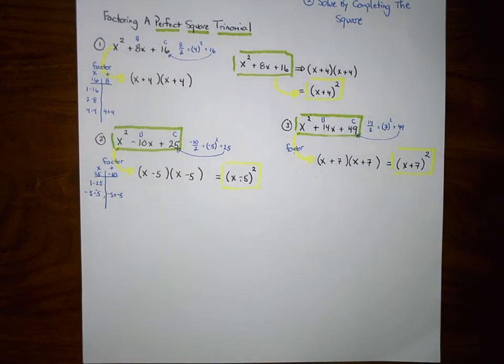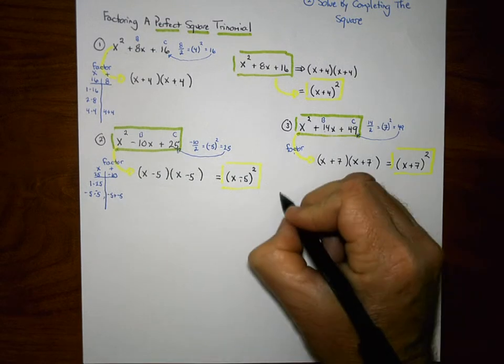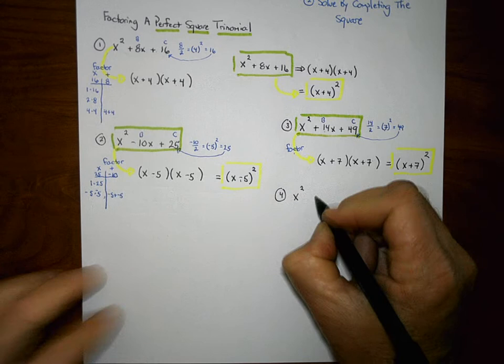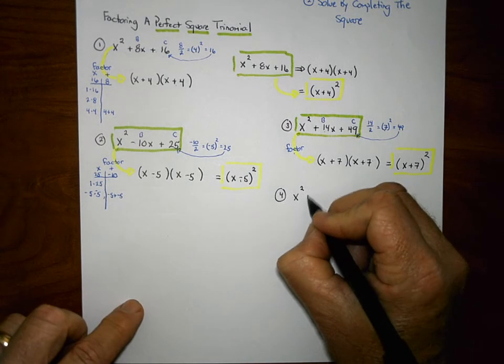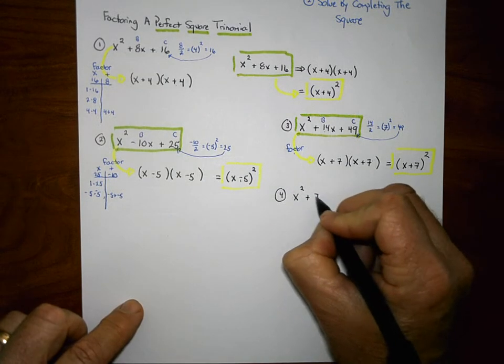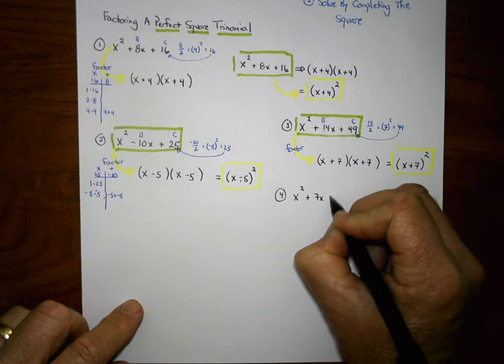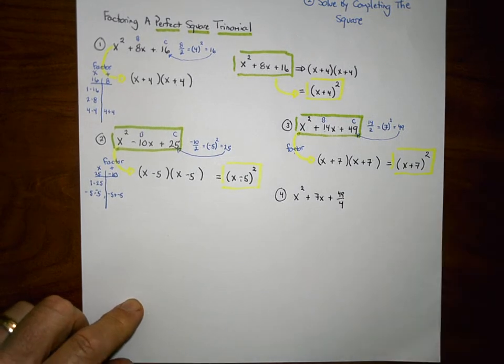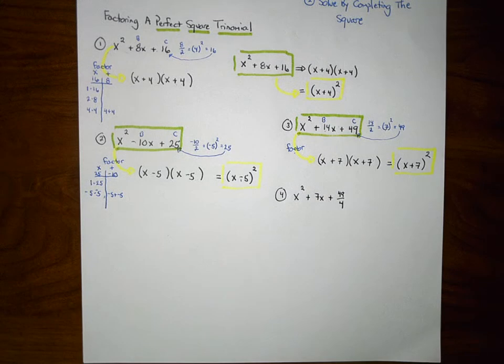All right, one more example of this. Let's do number 4 here. How about if I have x squared plus 7x plus 49 over 4. Now don't freak out if you have a fraction involved.